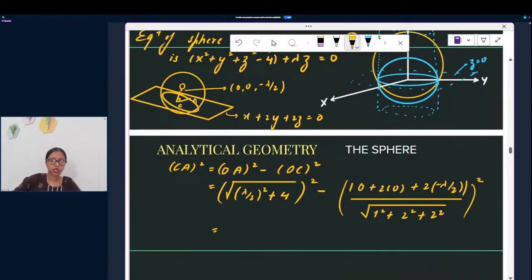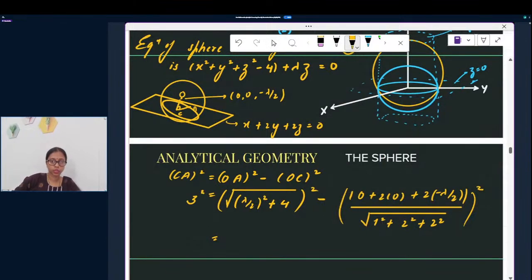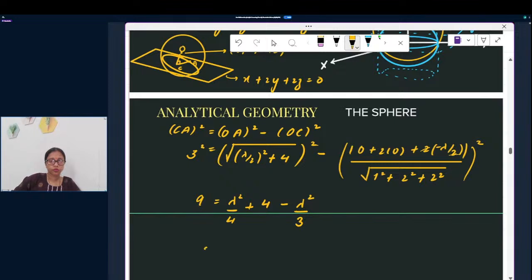And it is given to be 3, so it is 3 square, which is 9. So 9 is lambda square by 4 plus 4 minus, 2 and 2 cancel, it is lambda square divided by 4 plus 4, so 9 minus 5 is equal to lambda square.